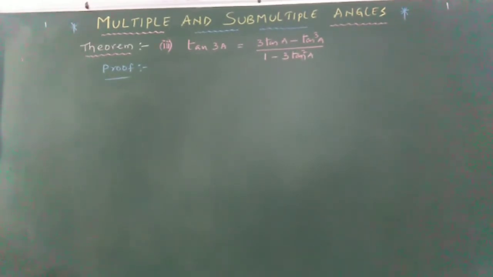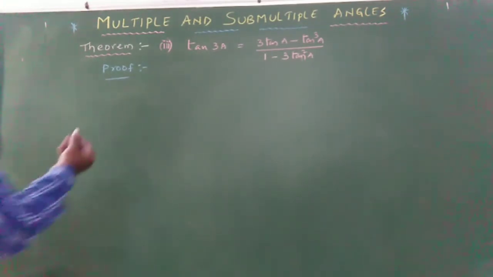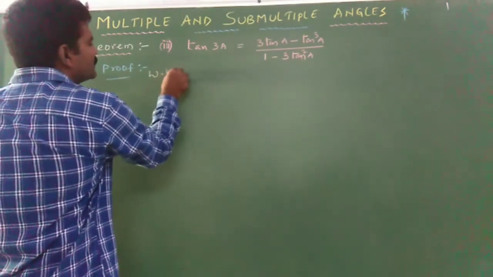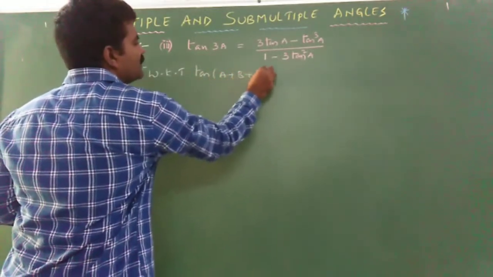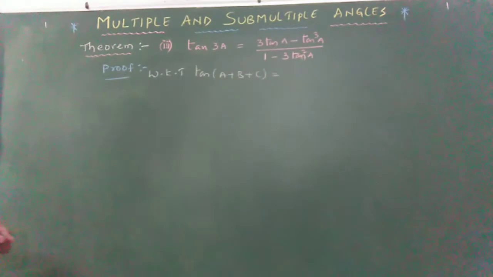So coming to the theorem number 3, tan 3a is equals to 3 tan a minus tan cube a by 1 minus 3 tan square a. So actually this is also, we can write it as tan of 2a plus a. If not, we already discussed the tan of a plus b plus c formula. Using this also we can go ahead.